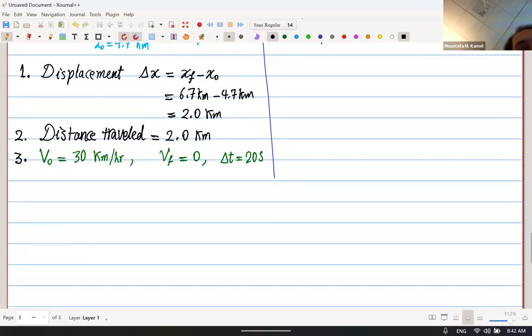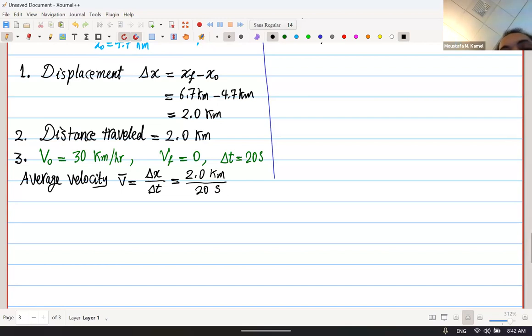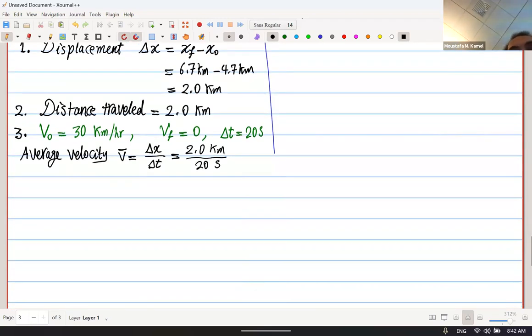So to calculate average velocity, we only need time and displacement, right? Delta x over delta t. We calculated the displacement above, it was 2 kilometers, and the time is 20 seconds. So 2 kilometers over 20 seconds. And we don't want to have mixing units, so we will convert the units to kilometers per hour.